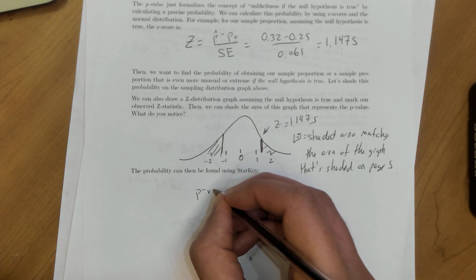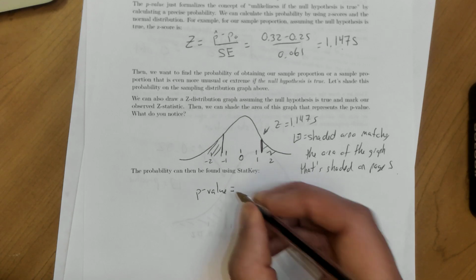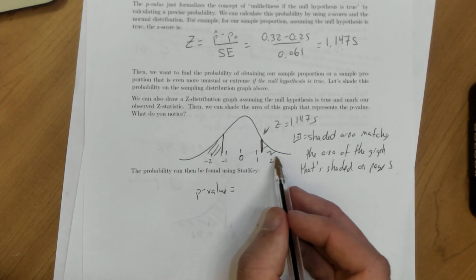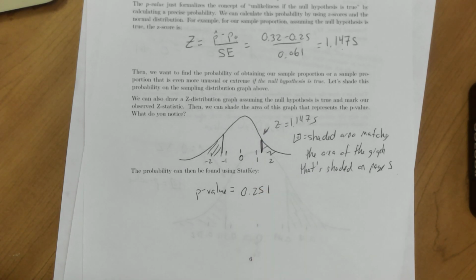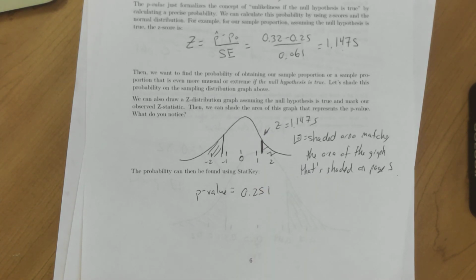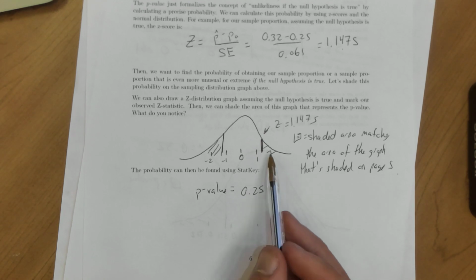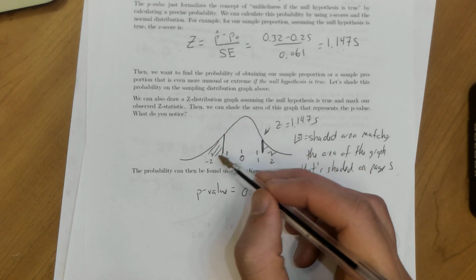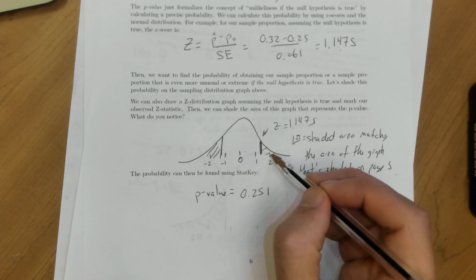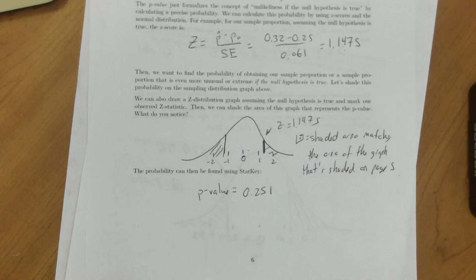You should be able to go to stat113 and find the shaded area exactly. If you do that, you wind up with the shaded area of 0.251, which looks plausible based on our graph, considering that the area under the entire curve is 1. It seems reasonable that that shaded area would be about 25% of the entire area, or 0.251.